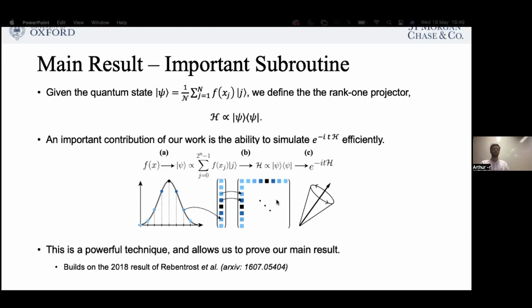Any other questions? Have you tried to propagate the cost of this technique for state preparation into any other algorithm, Monte Carlo or whatever, to see the final runtime?